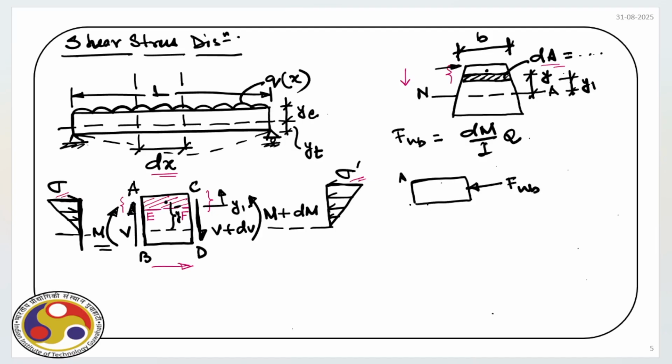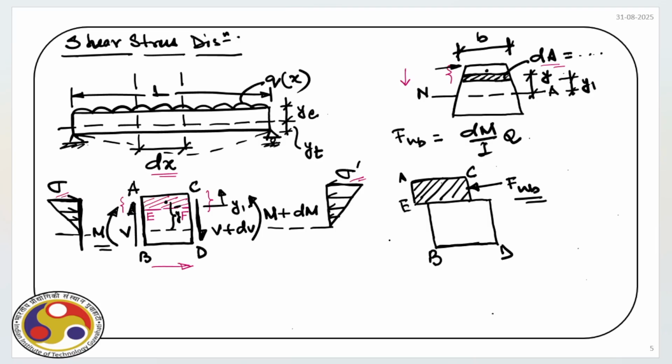Obviously it will push the segment ACEF towards left, and the segment below will remain in its place, right? So this entire section here is B and here is D. Because of this unbalanced force, if it is not balanced by someone, then obviously the segment here will try to move on the left hand side.